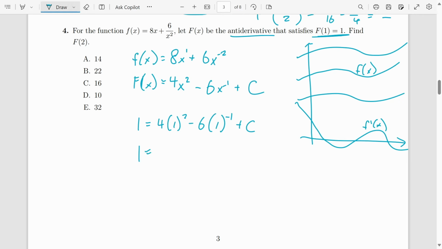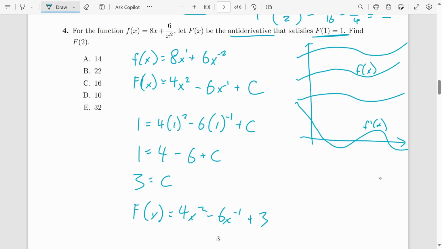This is going to be 1 equals 4 minus 6 plus c. And then putting everything on the left, we'll get c equals positive 3. So we know that our true antiderivative, big F of x, equals 4x squared minus 6x to the negative 1 power plus 3.